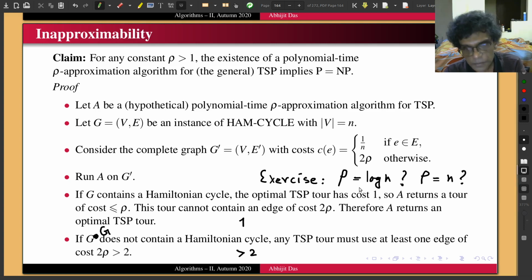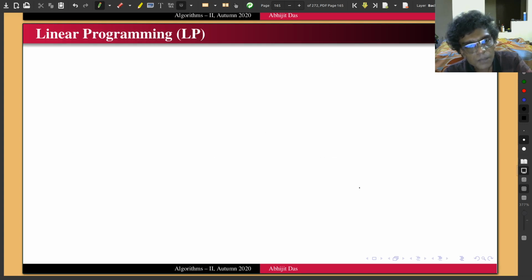So, that's an interesting and important result in the theory of approximation algorithms. Now, I come to a different paradigm of designing approximation algorithms. To start with, this looks like a completely different problem.